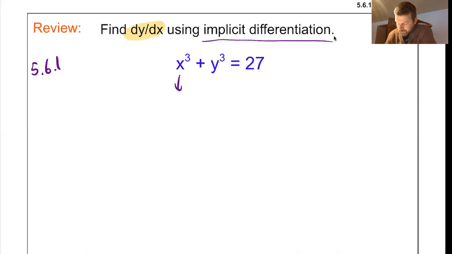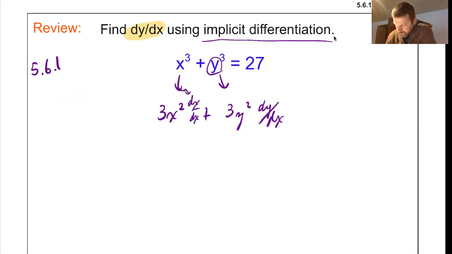Derivative of x cubed is 3x squared, plus derivative of y cubed is 3y squared, multiplied times the derivative of the inside because of the chain rule. Derivative of y is dy/dx. Now you might recall when we did implicit differentiation, we talked about how I could technically write a dx here.